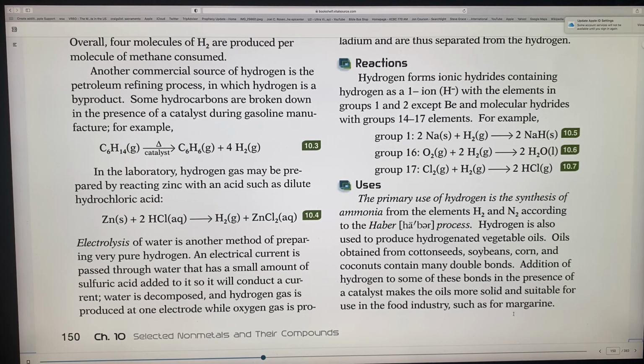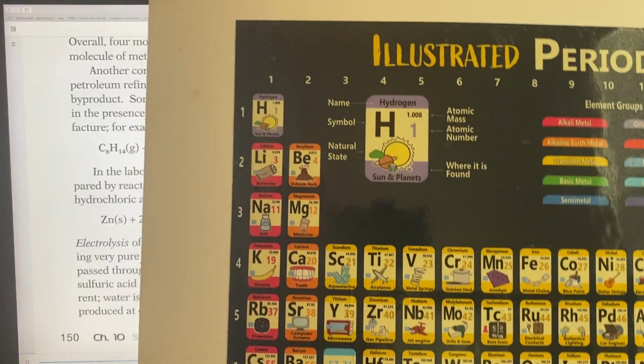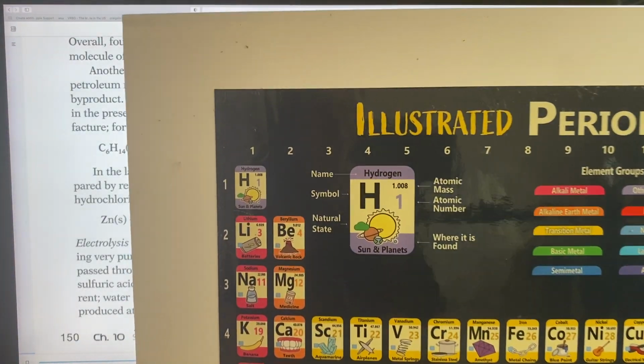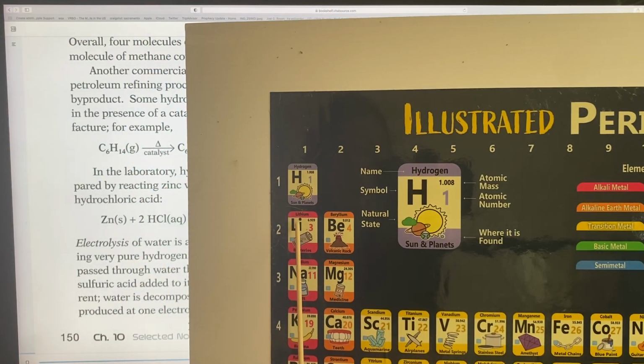So here are some examples of it combining. We have sodium, Na, combining with hydrogen. As it combines very easily, you have sodium with 1 and hydrogen with 2, so you have 2, and you see how it's balanced out there. This is with group 1. Let's look at group 1 of the periodic table so I can show you this. Here's hydrogen, and here's group 1.